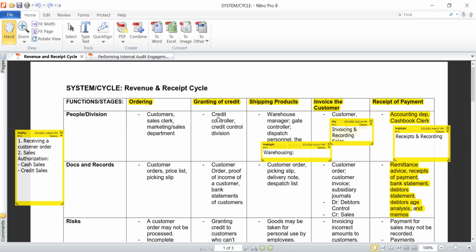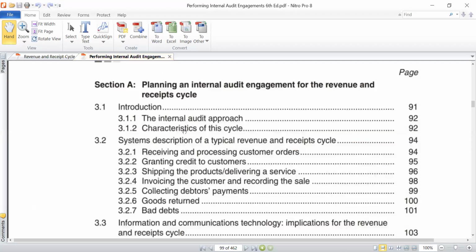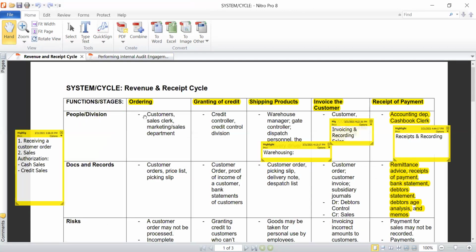As you can see depicted on your screen, I'm also going to take you through your prescribed textbook. I opened it here because I wanted to show you the same stages or phases in the cycle. Obviously, the first one is receiving and processing of customer orders, which I've depicted here as ordering.